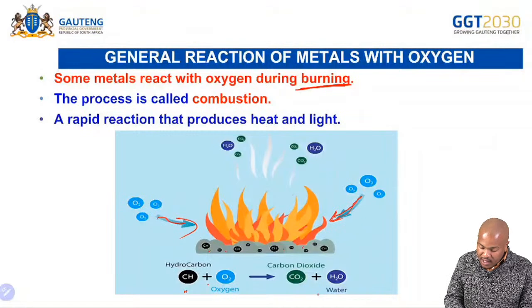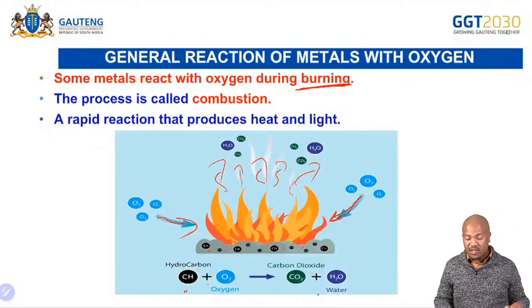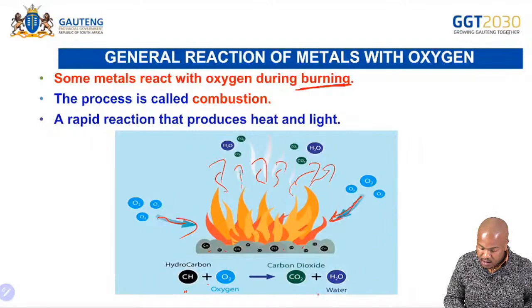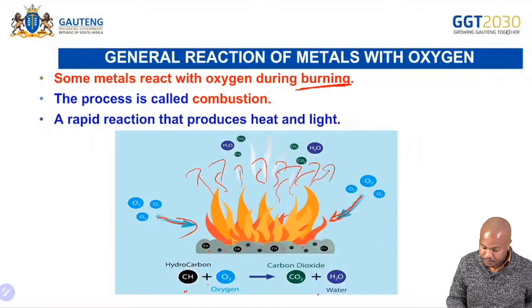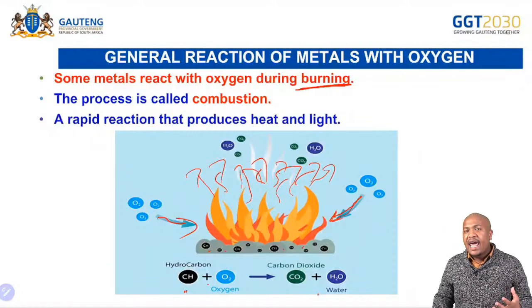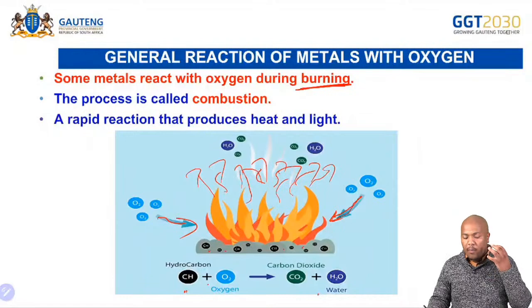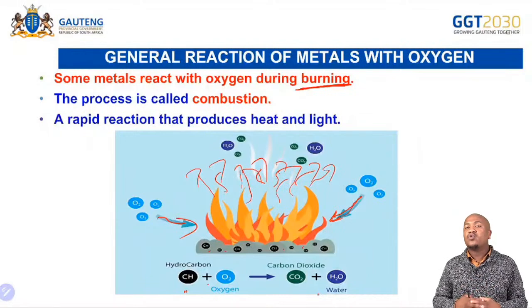Now you have products such as carbon dioxide and water, in the form of water vapor, H2O, being released. So they react with this oxygen, we call this process combustion, and in the process they produce heat and light.